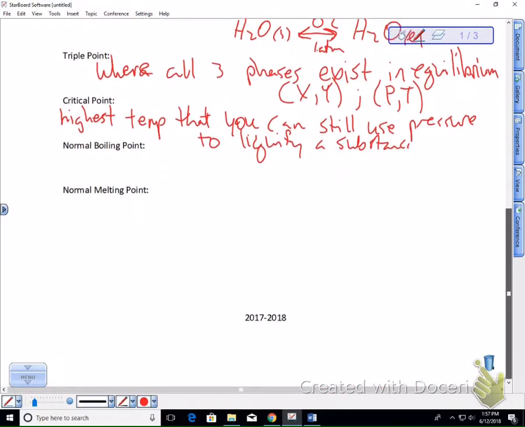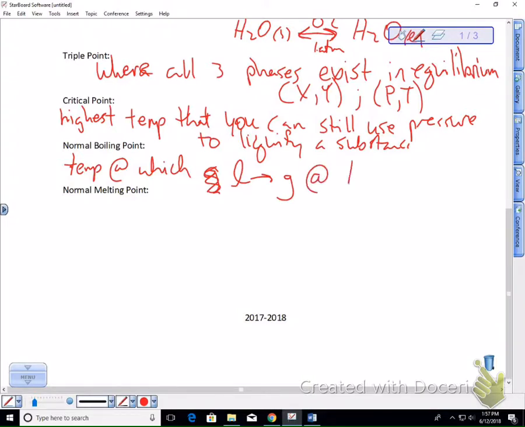But since most of us only see this happen under atmospheric conditions, the boiling point and the melting point that you are used to seeing is for normal boiling point. This is the temperature at which liquid changes to vapor, and here's the kicker, at 1 atmosphere.